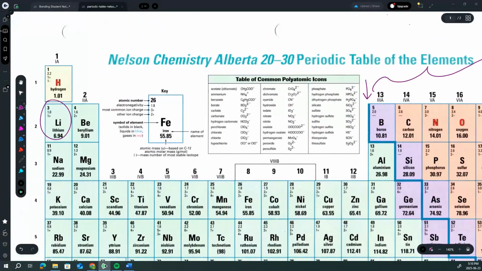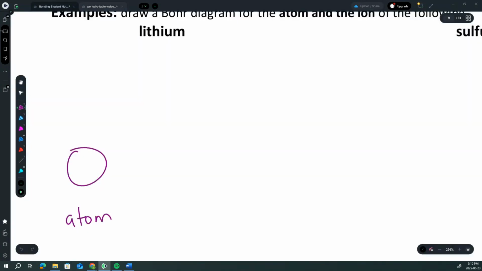So lithium is right here. It's in group 1, period 2. So I would expect that it has 1 valence electron, and it has 2 energy shells, or orbits. Okay, so 1, 2.